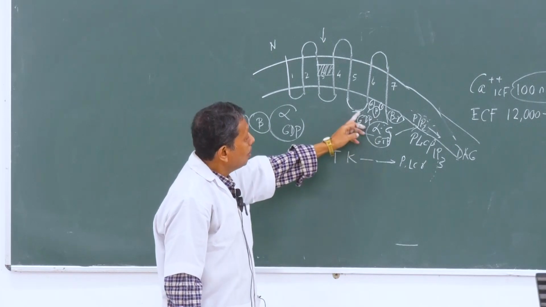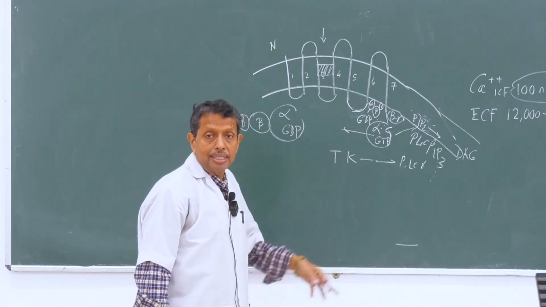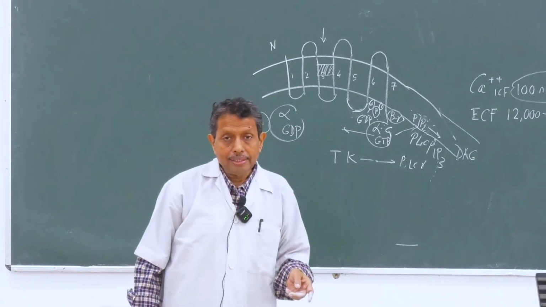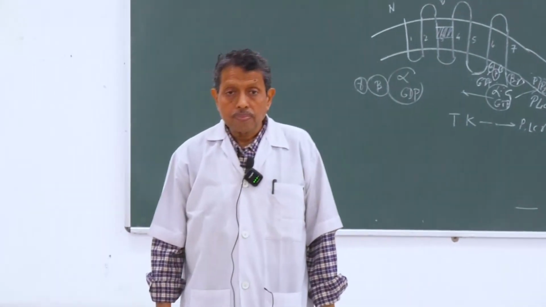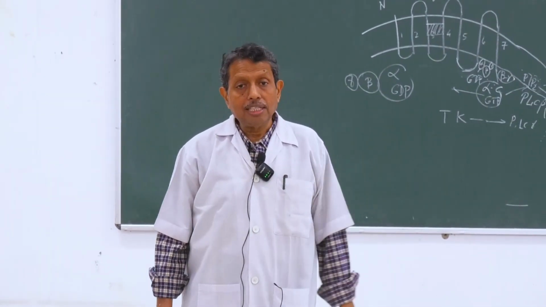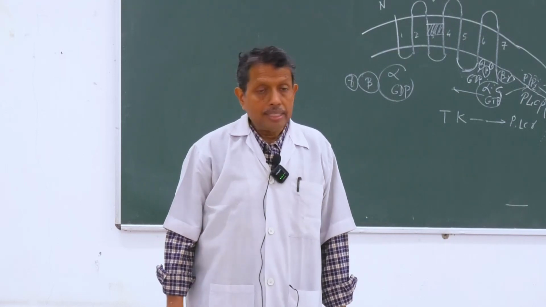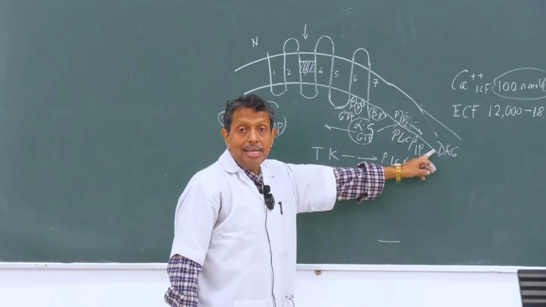And they are now named G alpha S, GI. GI can cause inhibition of these particular enzymes. In this case, it is the calcium we are discussing. They produce inositol triphosphate and diacylglycerol.